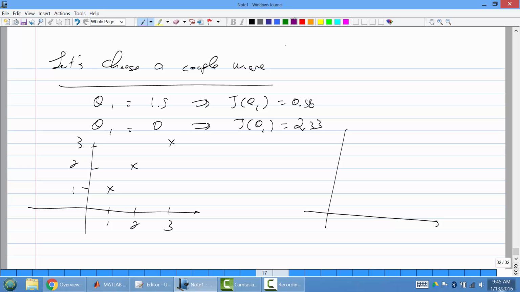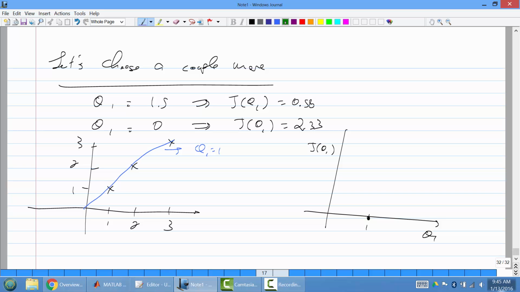Okay, so for each line of best fit that we have, for example, this one, it's going to map to a unique cost on the other side. In this case, this was theta equal to 1. At 1, you're going to get 0. Then you have a couple other ones.